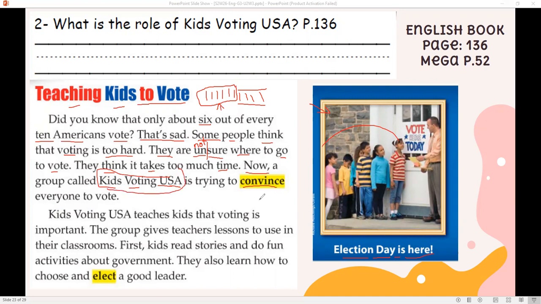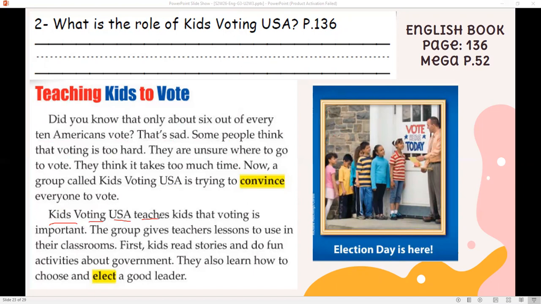They are trying to convince everyone to vote. I believe they are going to start with schools. Kids Voting USA teaches kids that voting is important. The group gives teachers lessons to use in their classroom.